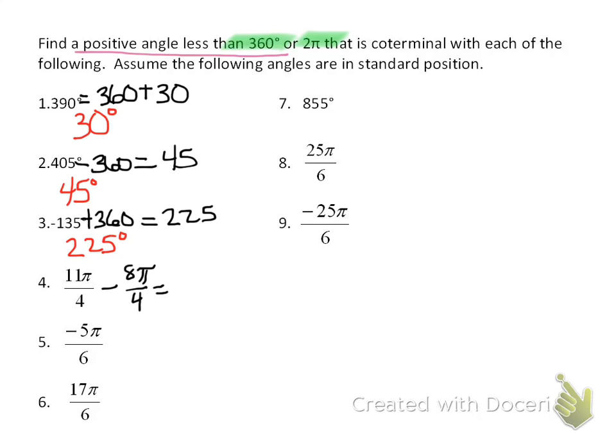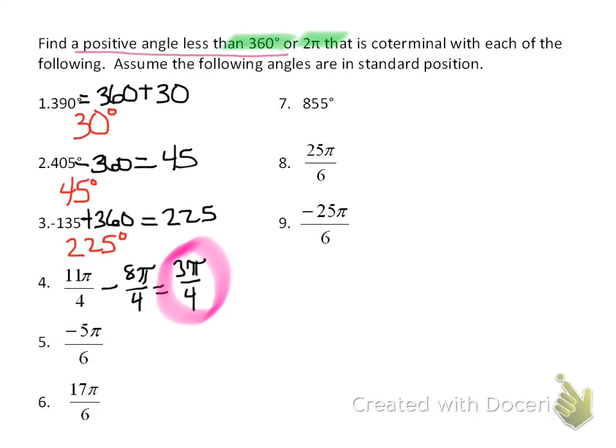So 11 pi over 4 minus 8 pi over 4 gives us 3 pi over 4, and is 3 pi over 4 less than 2 pi? All right, so that makes that your coterminal angle. Questions? Go ahead.